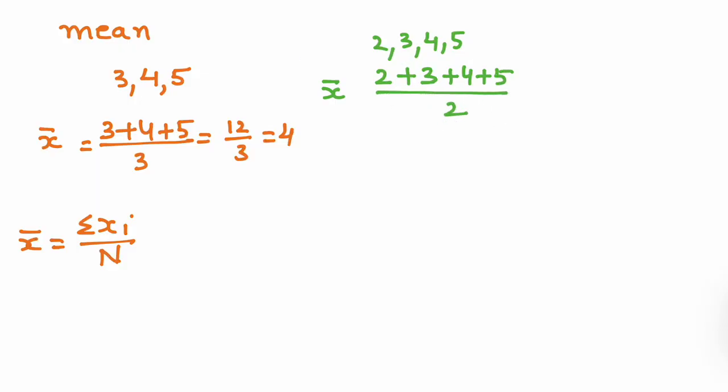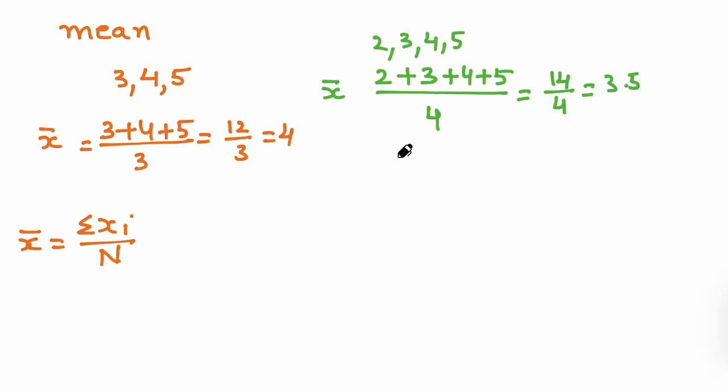How many observations are there now? 4. So 14 divided by 4, which is 3.5. Now from here, we can see a pattern: if we add a number to the observations which is smallest of all, our mean decreases.